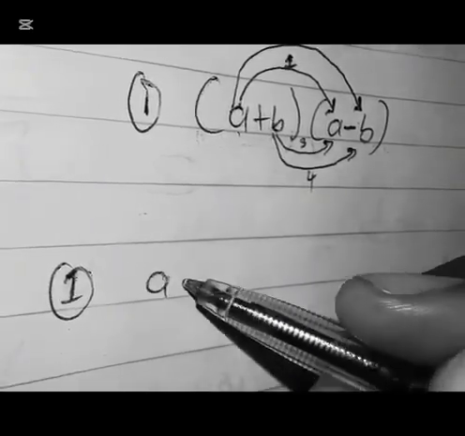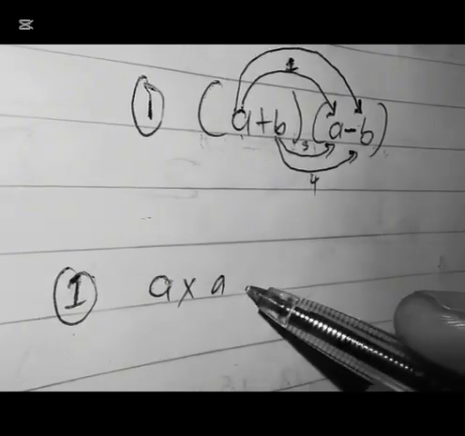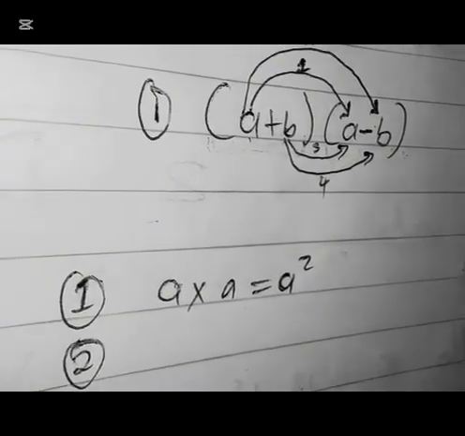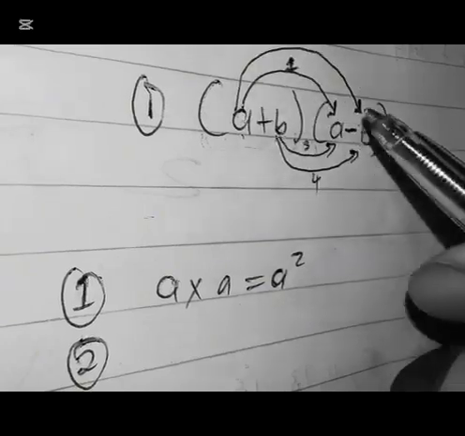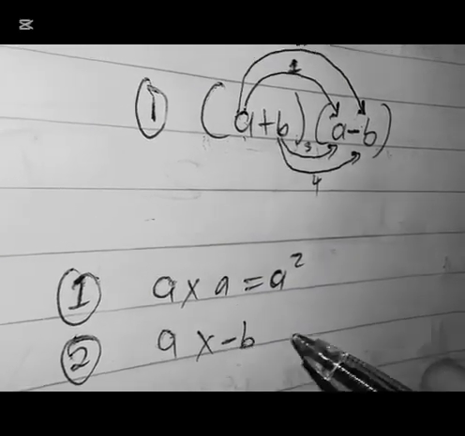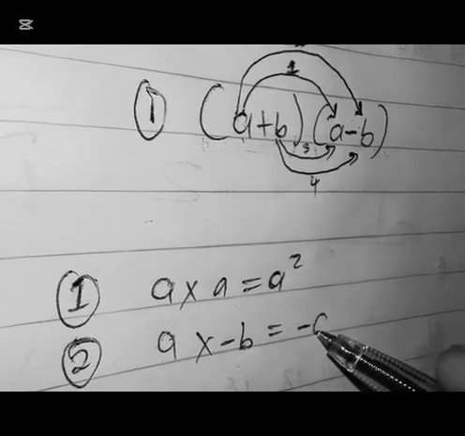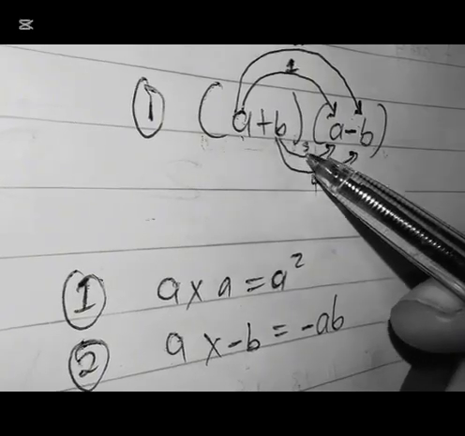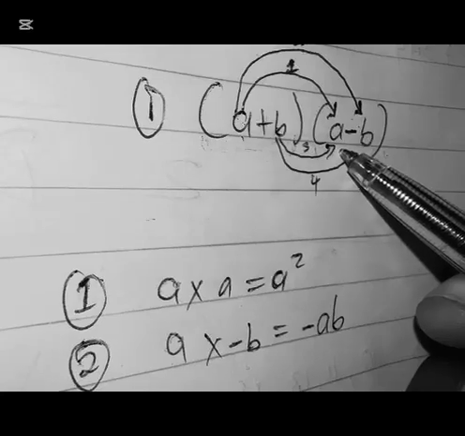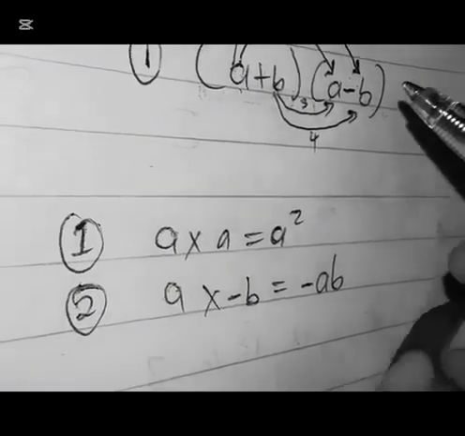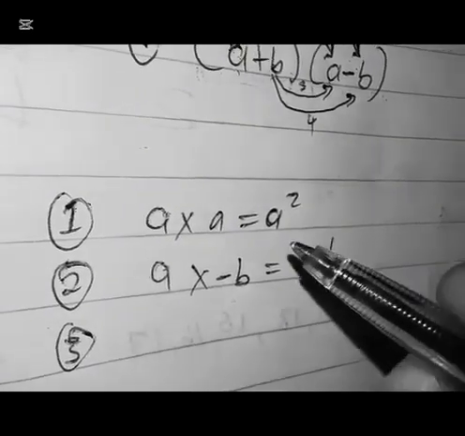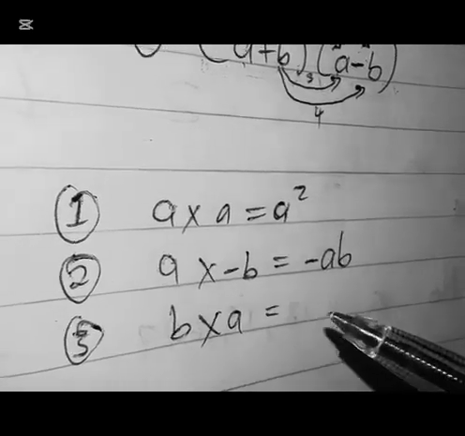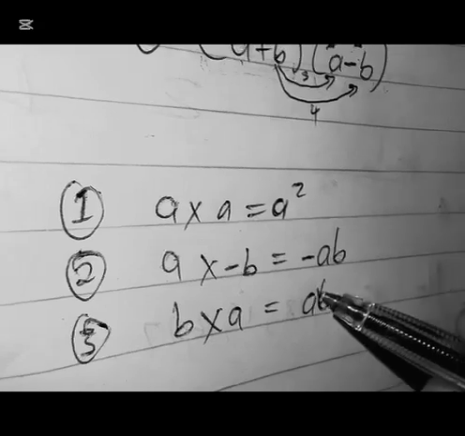we get a multiplied by a, which is a squared. Then at root number 2, we get a multiplied by negative b, which is equal to negative ab. Then root number 3 is b multiplied by a, which is ab or ba.